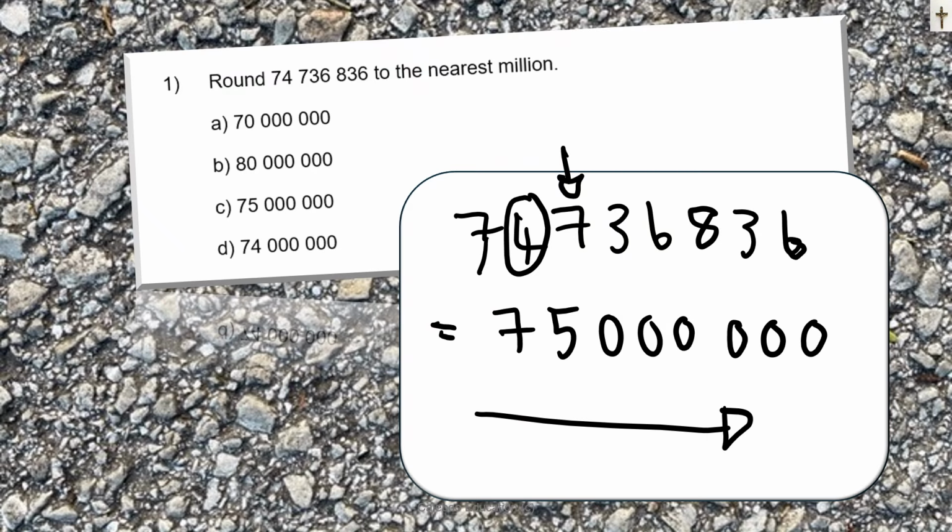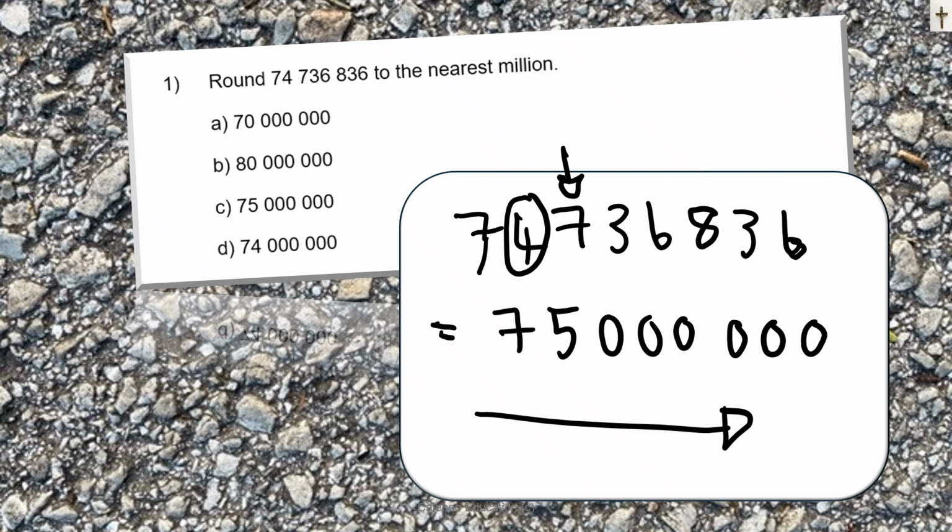The first question, a simple rounding question. It says round 74,736,836 to the nearest million.